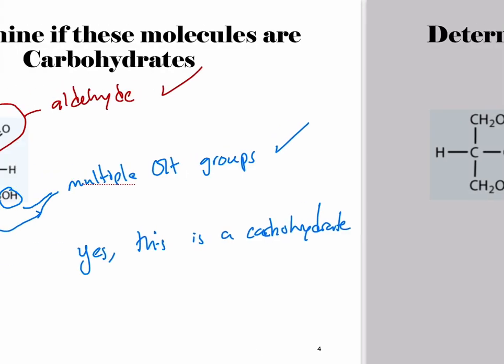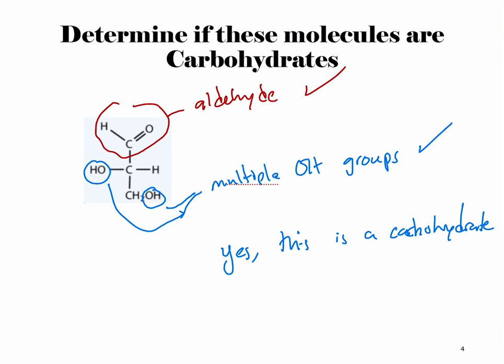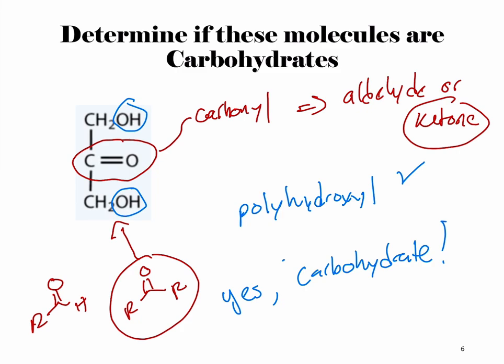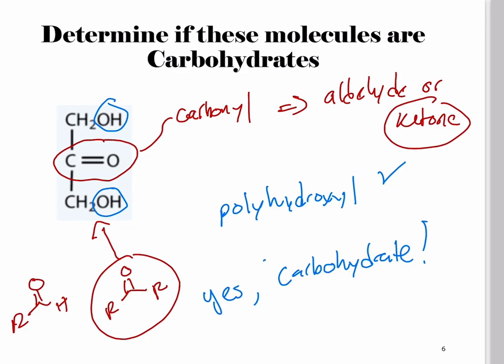So this one has the H going up, so that is an aldehyde carbohydrate, and this molecule has a CH2OH going up. Those are going to be indicative of carbohydrates.